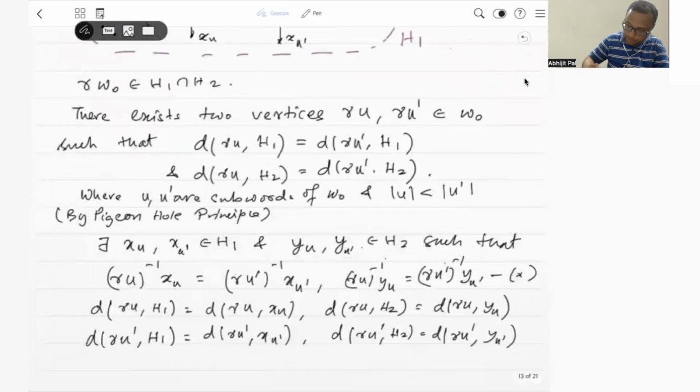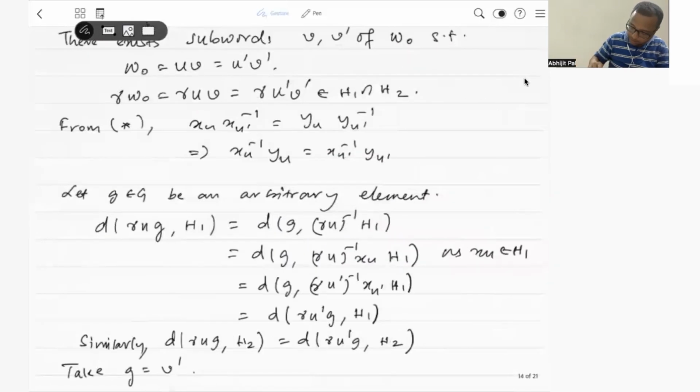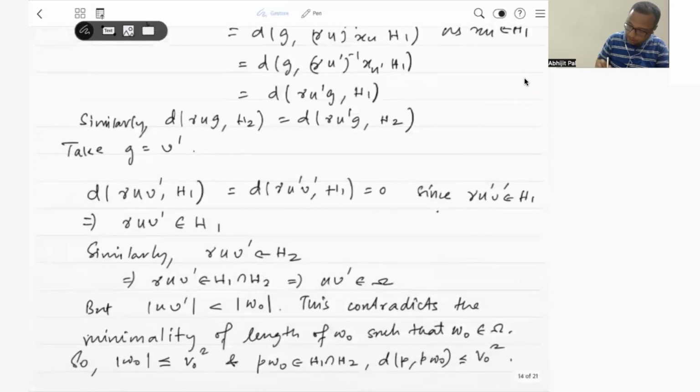So now what we have here from this picture, this part you can pull back to here. So u followed by some v' belongs to Ω.